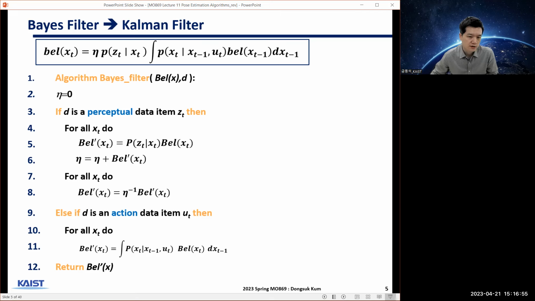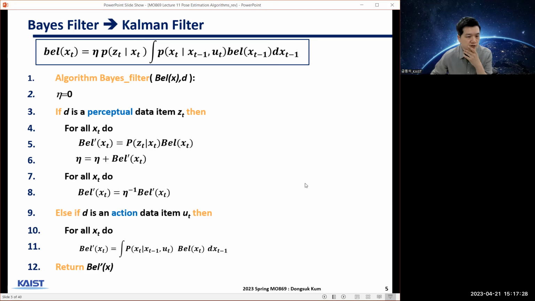So those are key assumptions, and if we can formulate the state estimation problem that way, then we can apply Kalman filter, and the method actually becomes quite simple, and the numerical computation becomes very efficient.